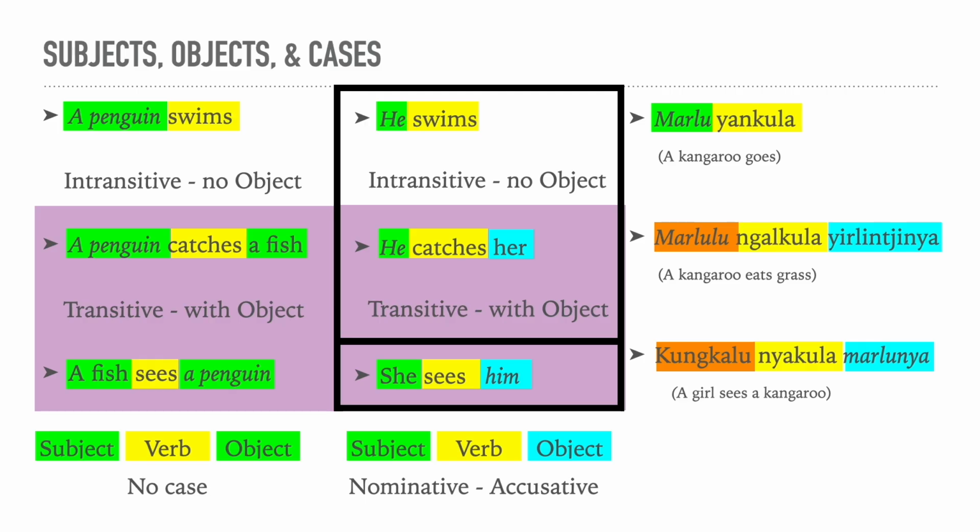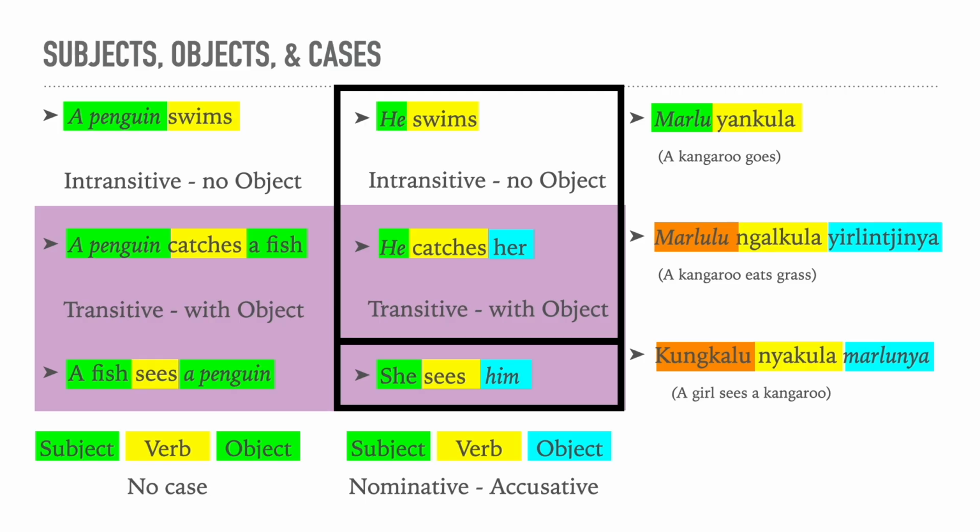If you are doing something, but there's no recipient, there's no object of that verb, you're marked one way. But if you're doing something and there is someone else who is the object of that, you will be marked a certain way that's different, and they will be marked a certain way.